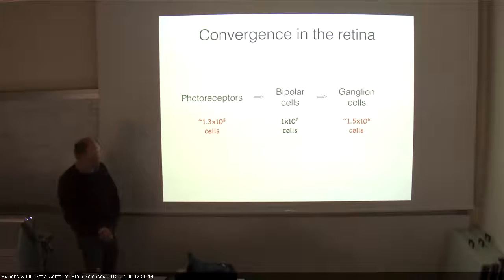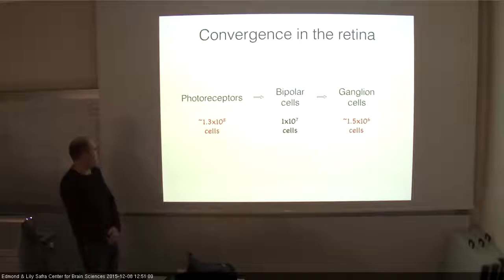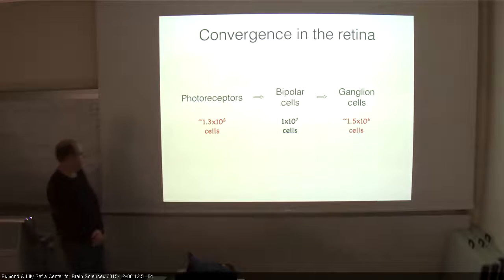Now, another striking aspect of the retina is the convergence from a large number of inputs to a smaller number of outputs. If we look at the array of photoreceptors in our retina, there are about 100 million photoreceptors. Then if we go one layer next to the bipolar cells, there's a reduction by a factor of 10.